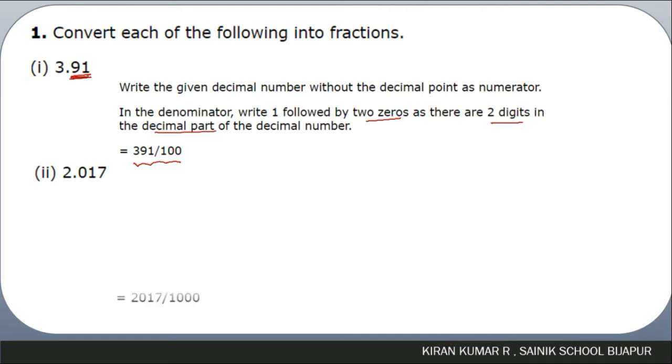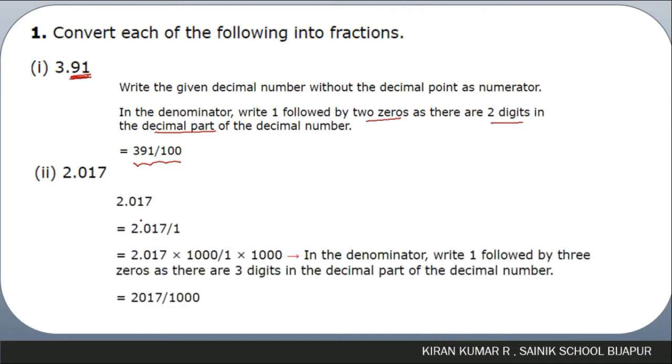2.017 is 2.017 divided by 1. Now to convert, we can multiply with 1000 because we are having 3 decimal places. So 1 is followed by 3 zeros.